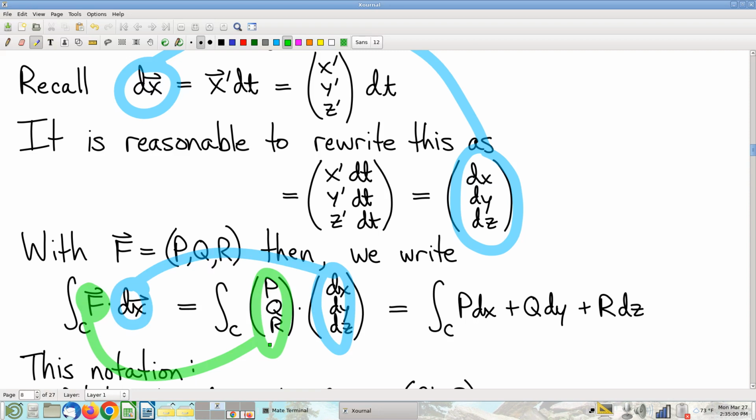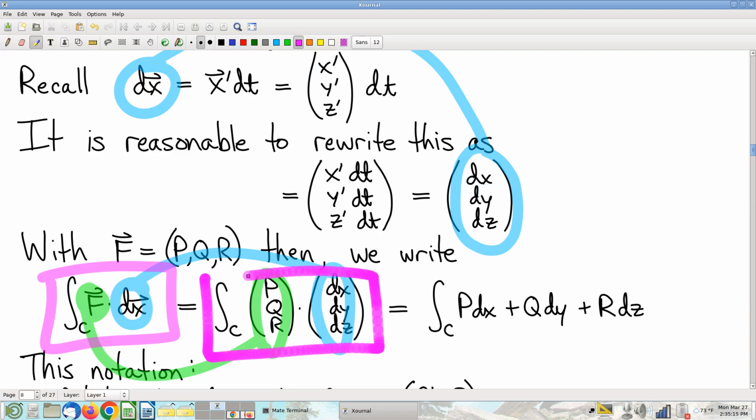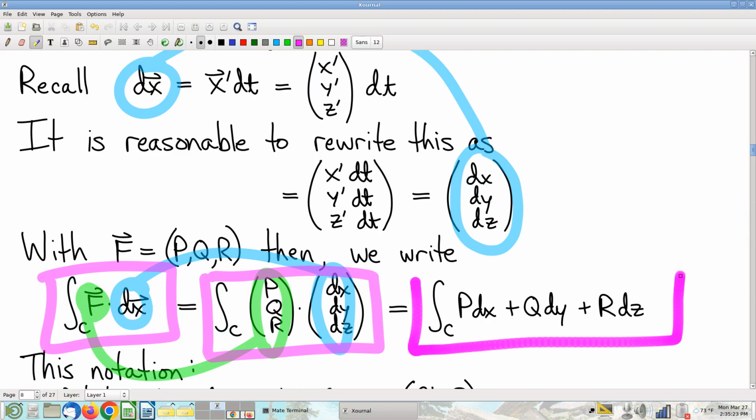You can call them F1, F2, F3 if you like. And this gives us an alternative notation for a vector line integral. The vector line integral that up to now we've written as f dot dx, we could alternatively write as PQR dot dx dy dz, and you can just multiply out that dot product and rewrite it therefore as this: P dx plus Q dy plus R dz.